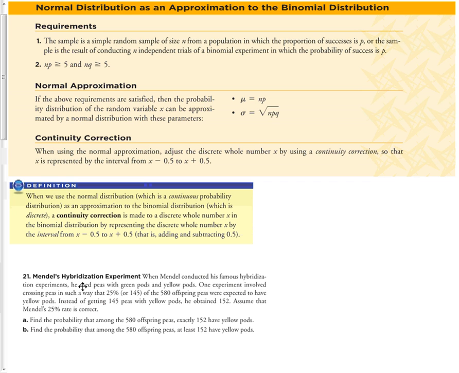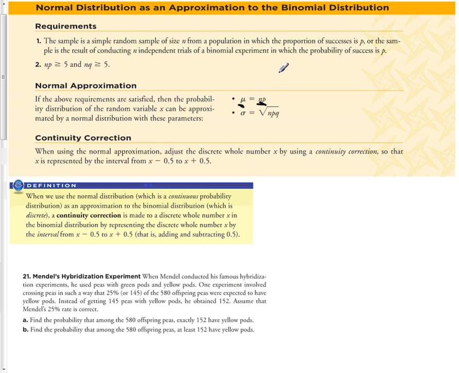Now for the normal approximation, the mean of our normal distribution is going to be the mean of the binomial distribution, which is n times p.